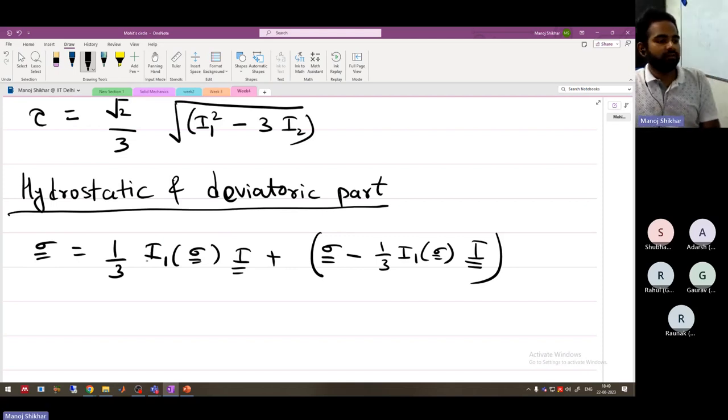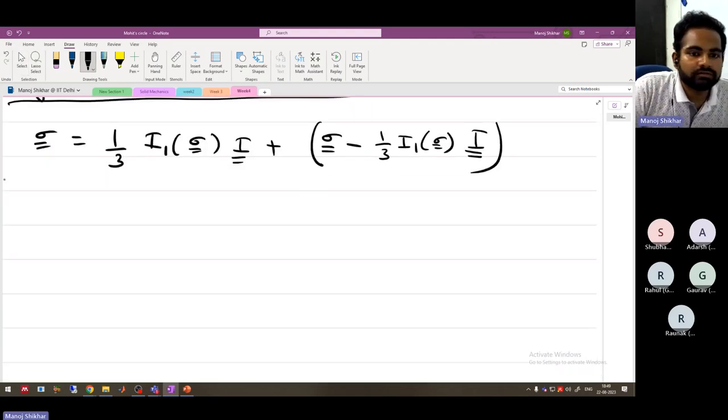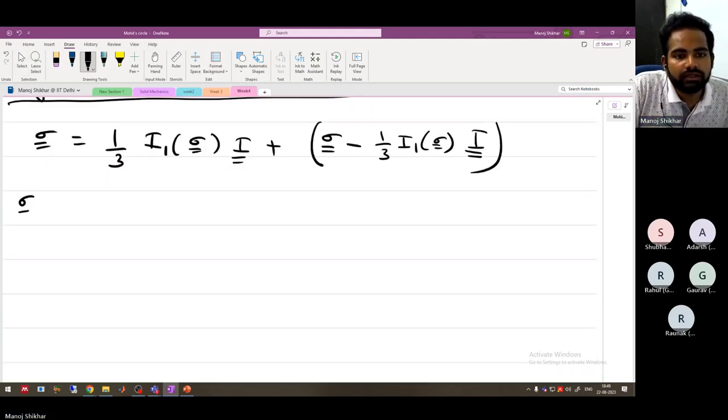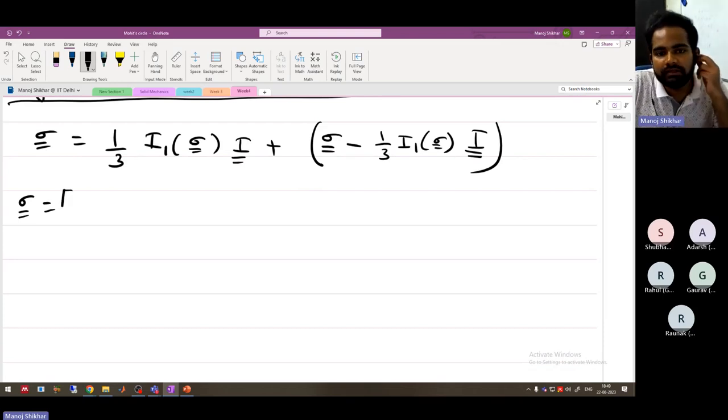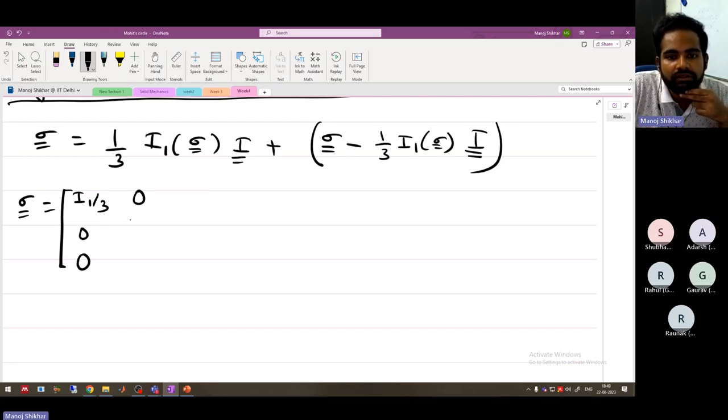I1 is the first invariant of sigma, that is the trace of sigma. In matrix form, the first part will be I1 by 3, 0, 0, 0, I1 by 3, 0, 0, 0, I1 by 3.